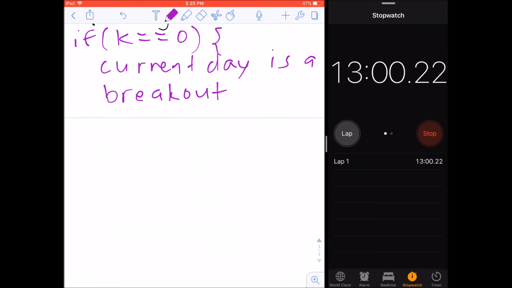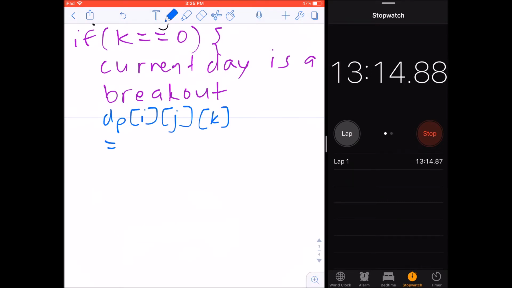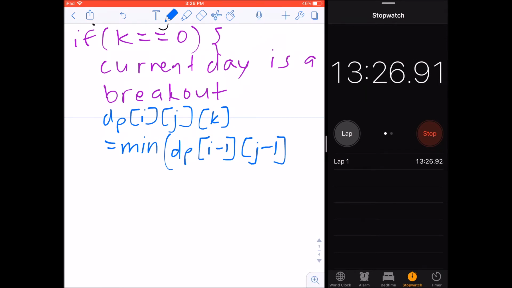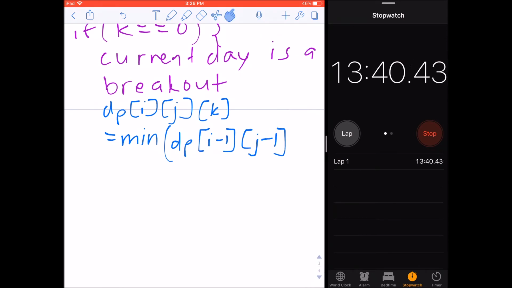So then our answer, dp i j k, equals the min. So from the previous day, 1 less breakout, because we're adding 1 to the number of breakouts. K can be anywhere from 0 up to n. So we would take the minimum of all those.